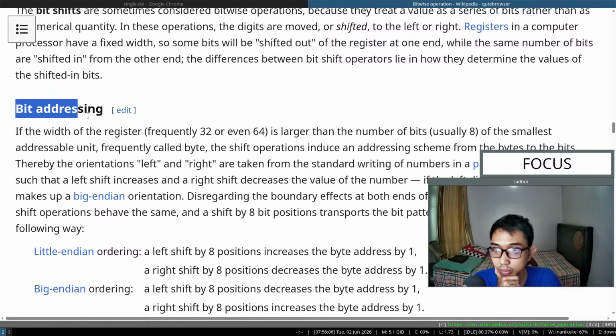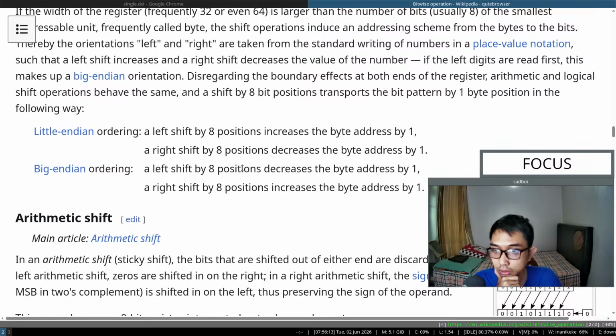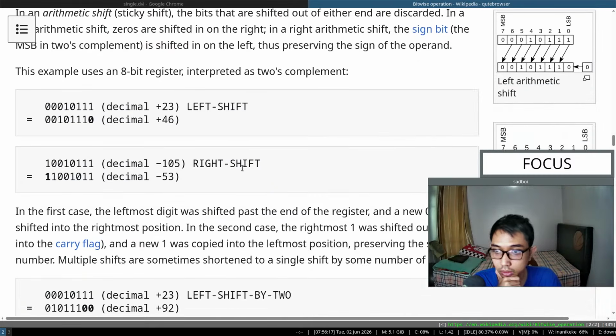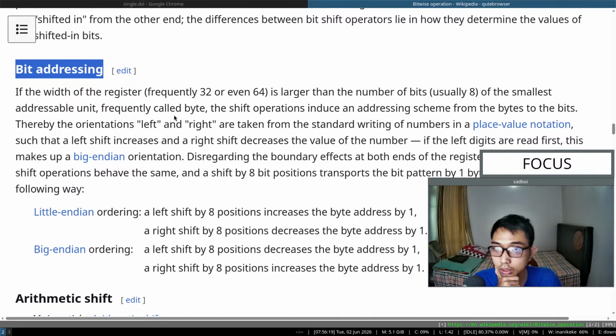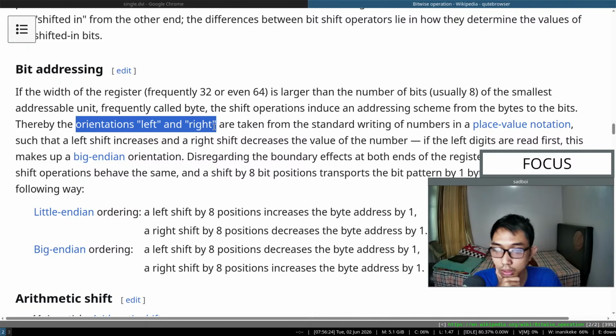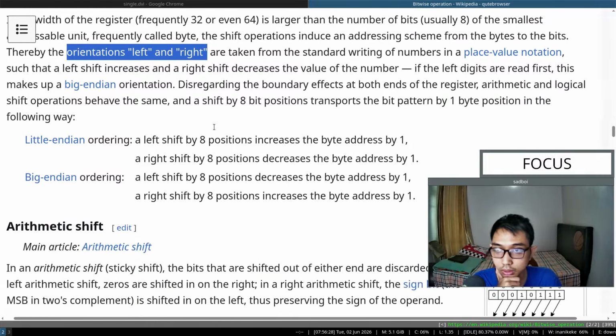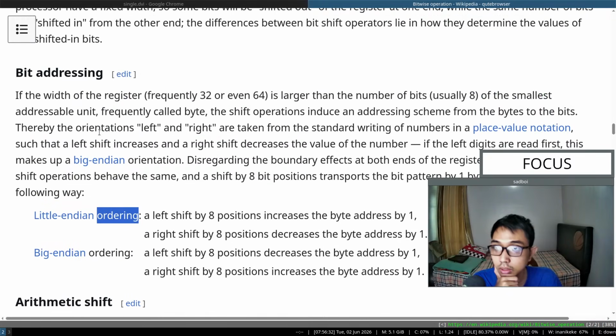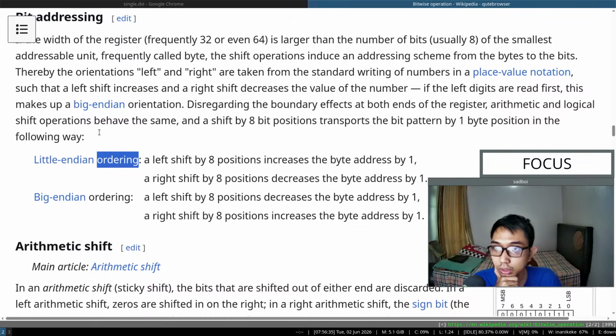Well, you know what? Maybe we will take a look at this on the next session. I mean, it looks like whether a left or right shift increases or decreases depends on the bit ordering, something like that.